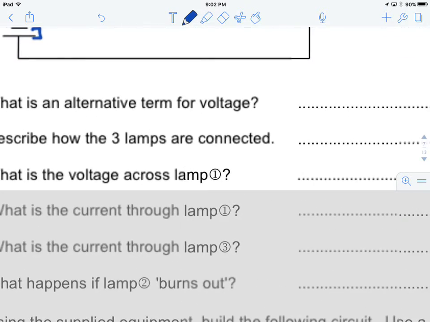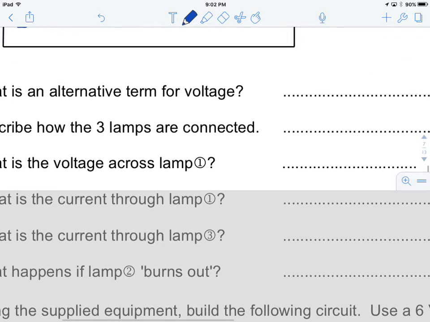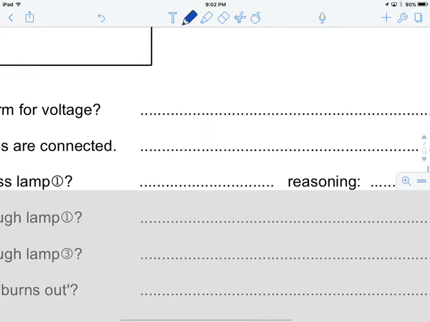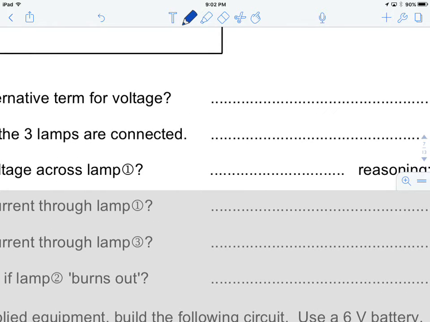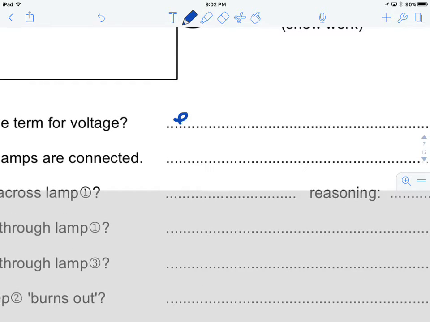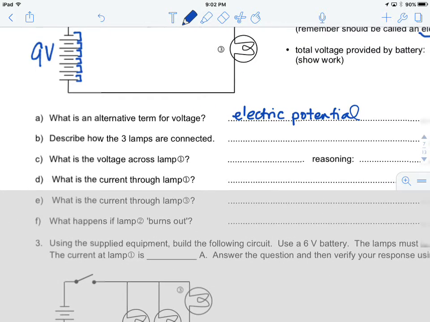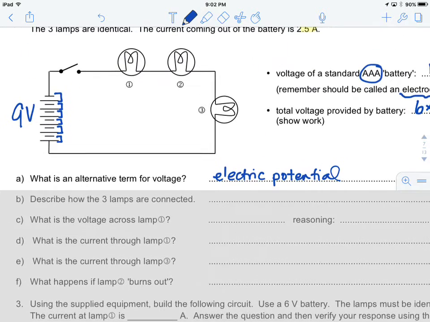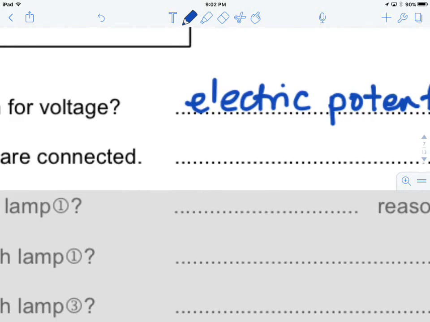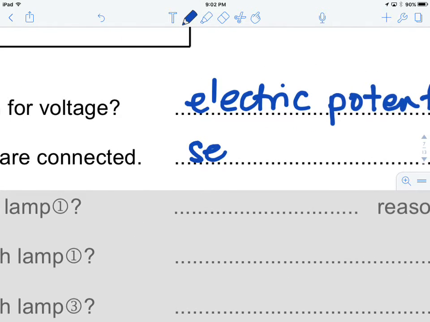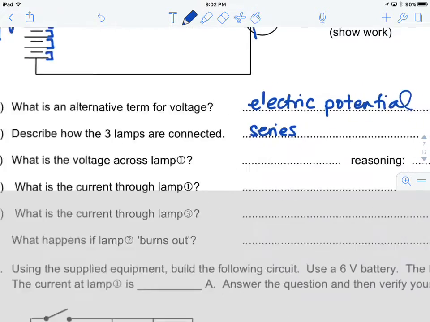Let's get into some of these questions. What is an alternative term for potential? I just gave it away: for voltage, that would be electric potential. How are these 3 lamps connected? Because they're all in a straight line and there's nowhere else for the electrons to go, we know they are connected in series.